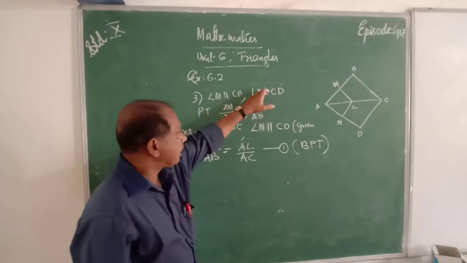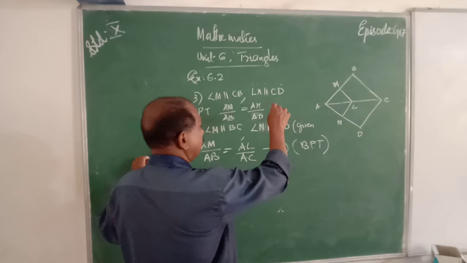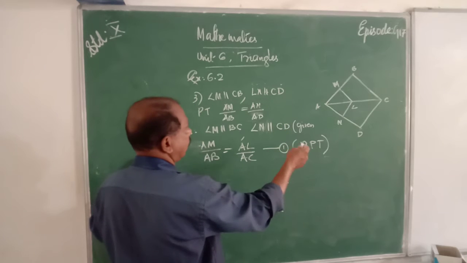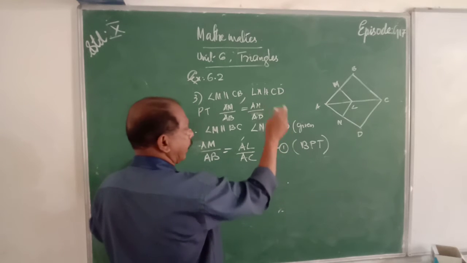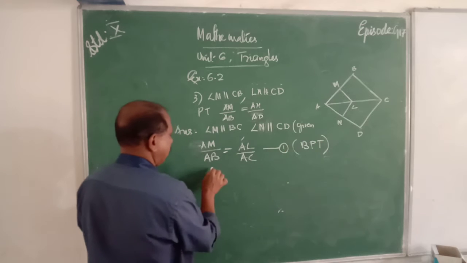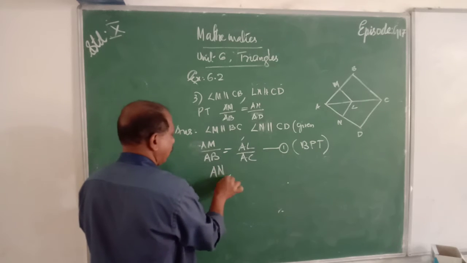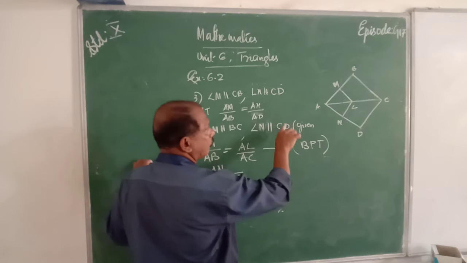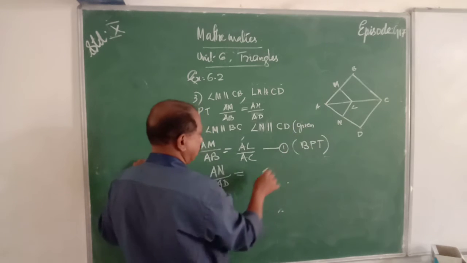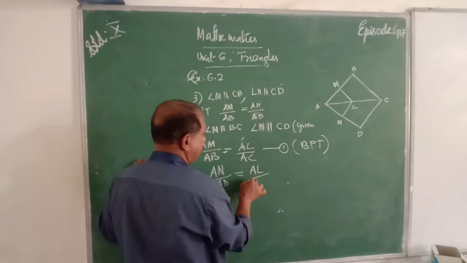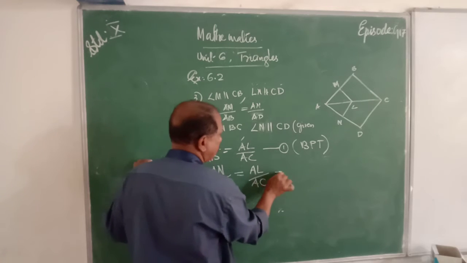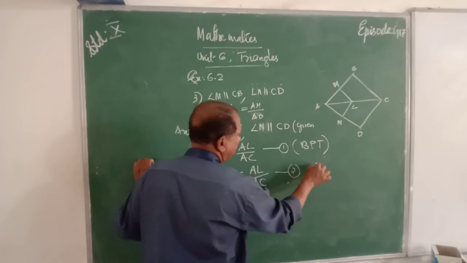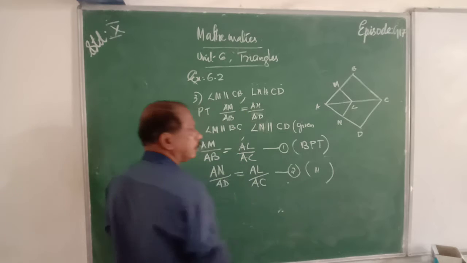Therefore, from the second result, AM by AD is equal to AL by AC. Case number 2, that is also the basic proportionality theorem.